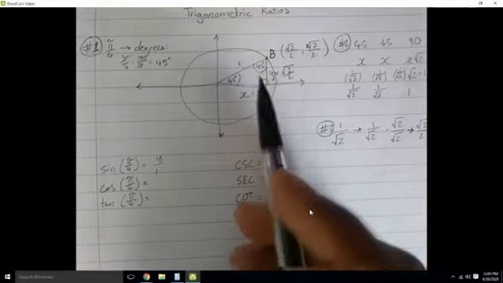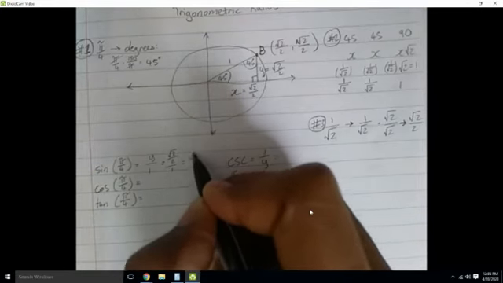So the value of y is root 2 over 2 over 1, which is the same as saying root 2 over 2.